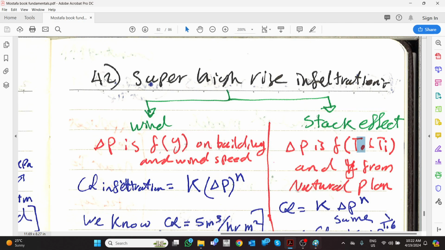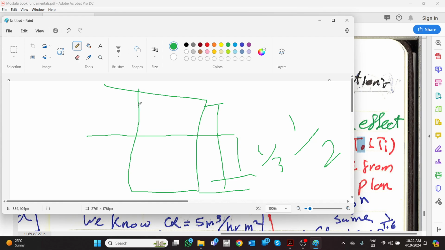For example, we are in a super high-rise building studying the last floor, and we need to check what the infiltration rate is going to be, because we know the pressure here will be lower, and some air will go like this, because by any means you don't have a super tight building, so you're going to have infiltration going inside.